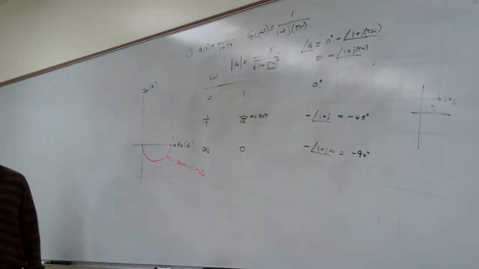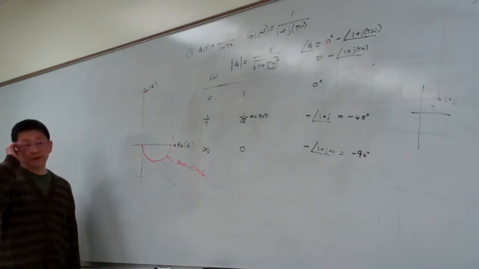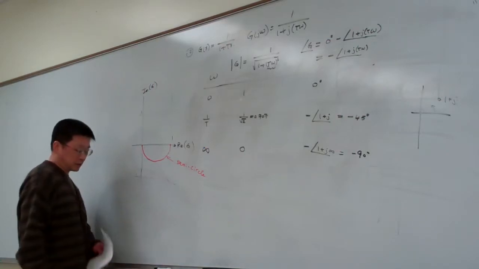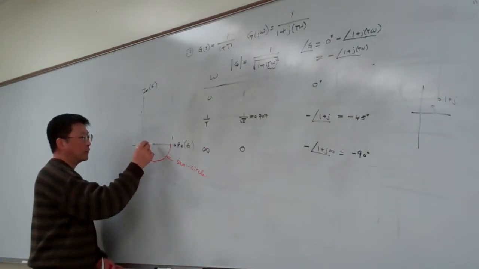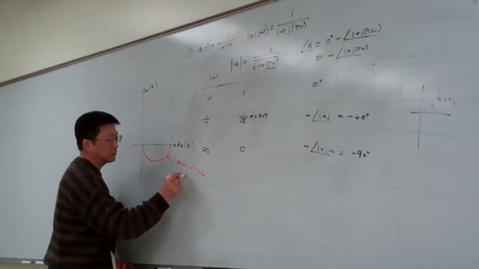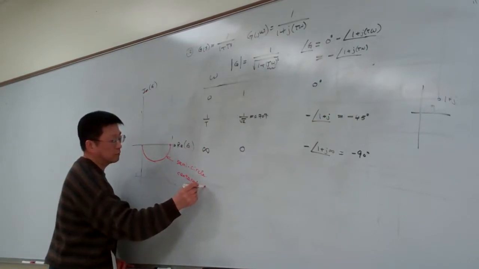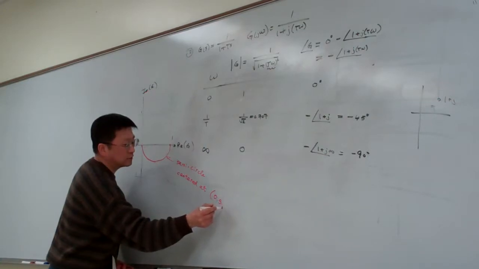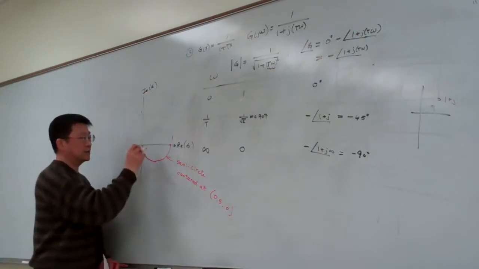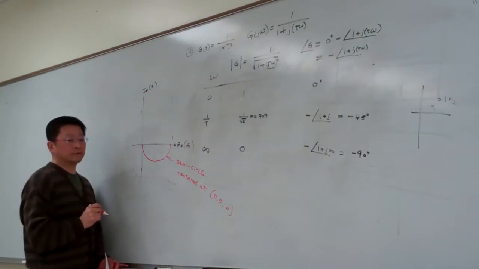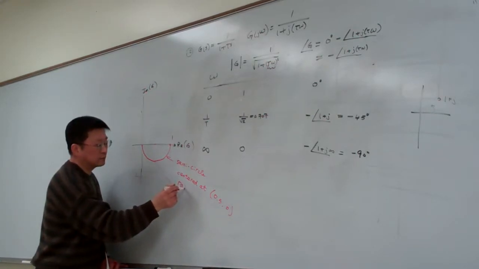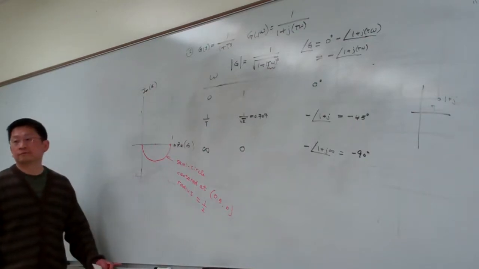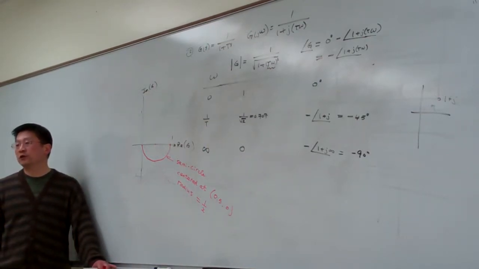Okay, this is a part of the circle, and actually we can prove it, we can show it. This circle has the center at the point 0.5, 0. So right now this is the coordinate that is the center here. Okay, and radius equal to 1/2. And we can show it.